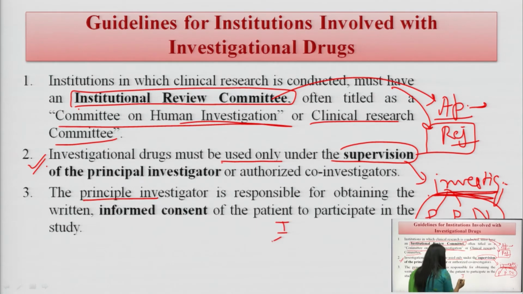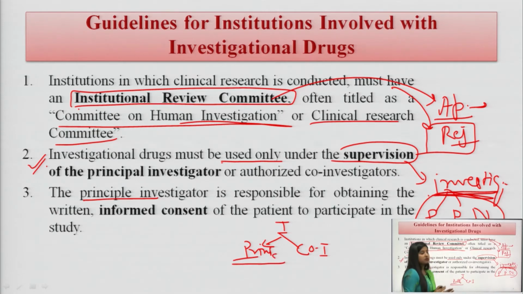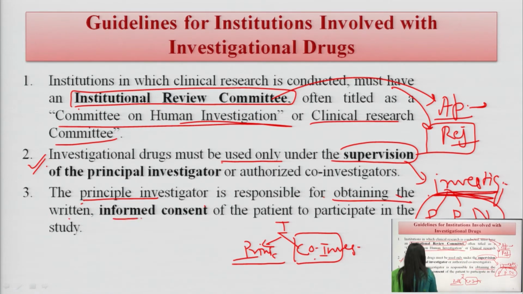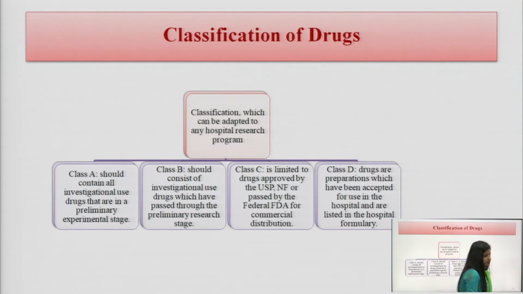Investigators could also be classified as principal investigator and co-investigators. The principal investigator is solely responsible for the study, whereas other members who help with the study are called co-investigators. It is written that the principal investigator is responsible for obtaining the written informed consent of the patient, and only then can a patient participate in the study.